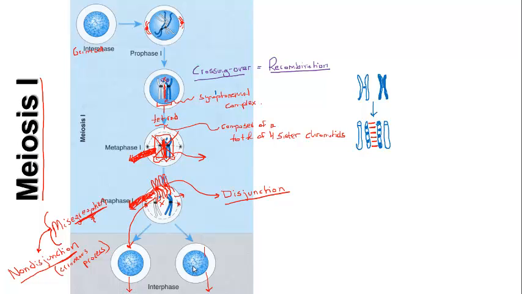Only one of each homologous pair goes to this cell and only one goes to that cell. Do we have homologous pairs in the resulting daughter cells from meiosis 1? No, we don't have the homologous chromosomes anymore. So we've effectively cut the genome in half.